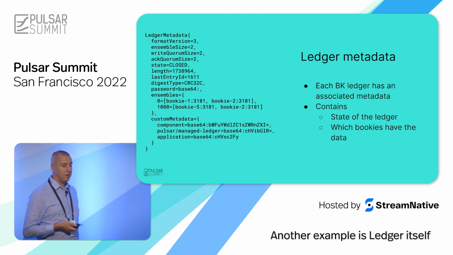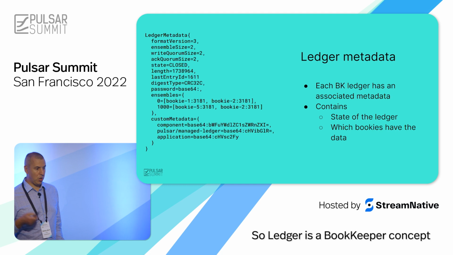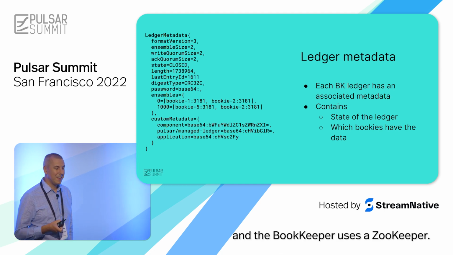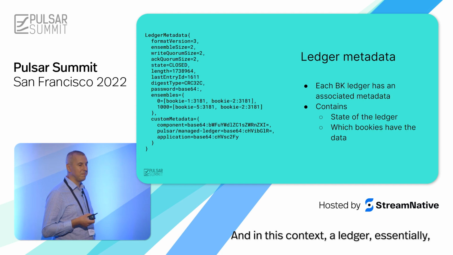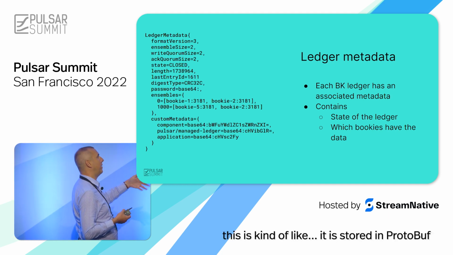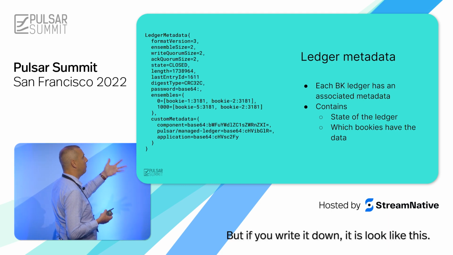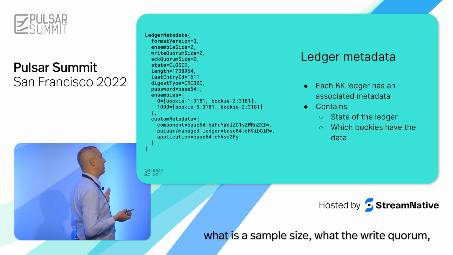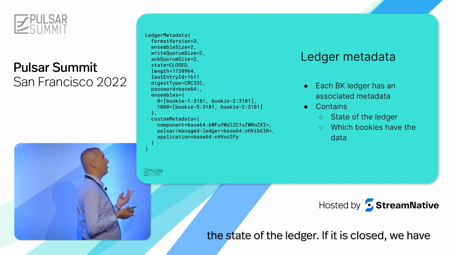Another example is the ledger itself. A ledger is a BookKeeper concept, and BookKeeper uses ZooKeeper. In this context, a ledger is stored in protobuf and compressed, but if you write it down, it looks like this. For each ledger, we need to know the ensemble size, the write quorum, and the state of the ledger.